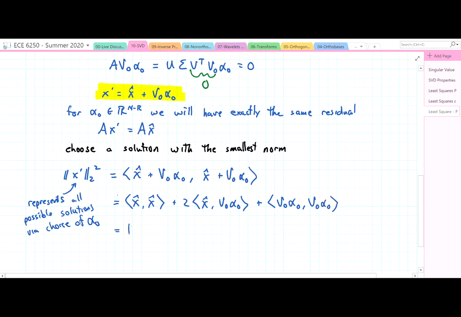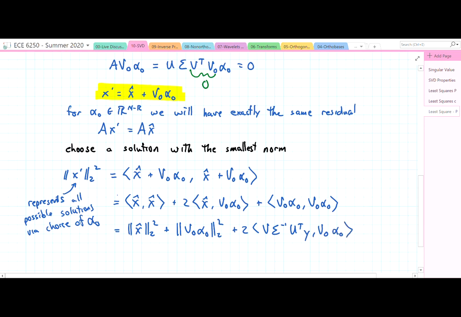And we already know that this is just the norm of x hat squared, and the last term is going to give us the norm of V naught alpha naught squared, and those are positive quantities. So the only thing we have left to worry about is this middle term, and we can write that as x hat, which is V sigma inverse U transpose y, with V naught alpha naught.